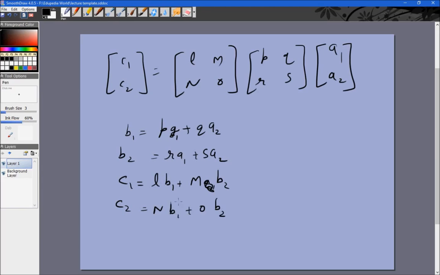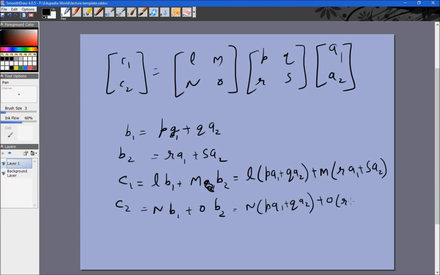Then you can substitute B1 and B2 from the upper side, and you can see it's equal to L times (PA1 plus QA2) plus M times (RA1 plus SA2), and this is equal to N times (PA1 plus QA2) plus O times (RA1 plus SA2).